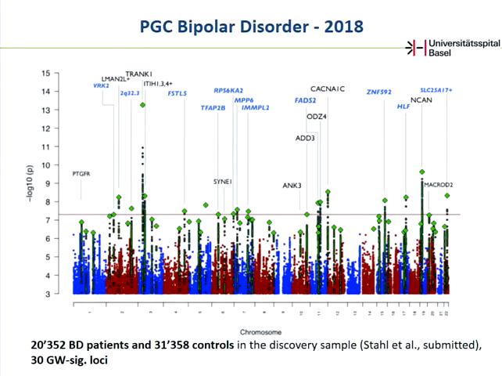Now for other psychiatric disorders, and I'm now giving you a view on bipolar disorder, it's a little bit similar, although not as good as in schizophrenia. This is the latest freeze of the PGC Bipolar Consortium with 20,000 patients and 30,000 controls. And there are now 30 genome-wide significant loci, which is also enormous progress. So in particular for bipolar disorders, we have struggled for a long time to find genome-wide significant hits, but now after all, they are there.